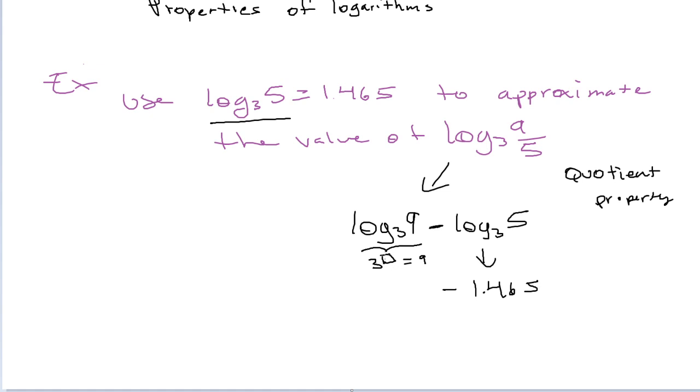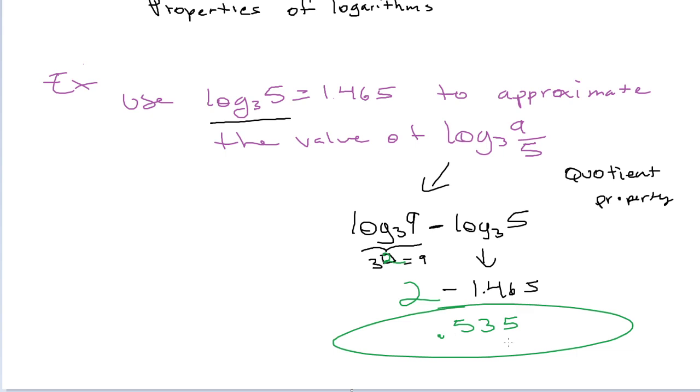Well, that number has to be 2. So 2 minus 1.465 is equal to 0.535. That's the approximation. That's the answer right there.